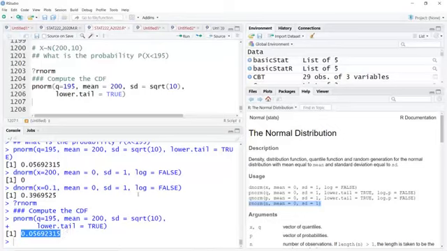Now if I want the survival function, which is 1 minus F, right? This CDF is what we usually say F of x. So this is more or less F of 195.